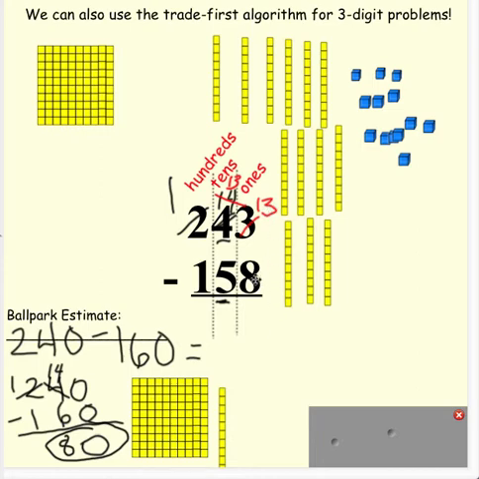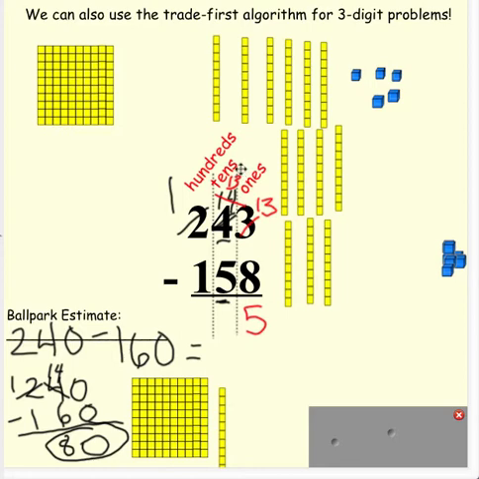I want to do 13 minus 8. So here's my 13, and I want to take away 8. 1, 2, 3, 4, 5, 6, 7, 8. How many ones are left? 5. Now I'm going to do the same thing with the 10s.